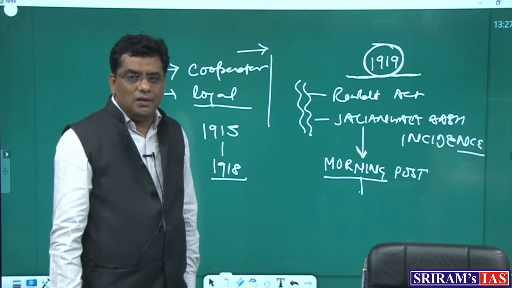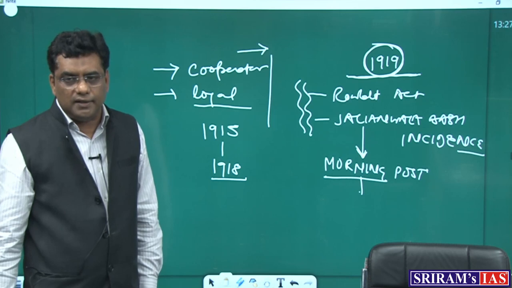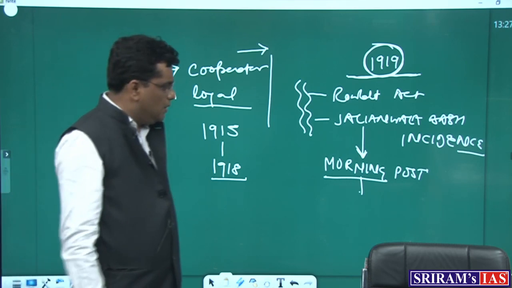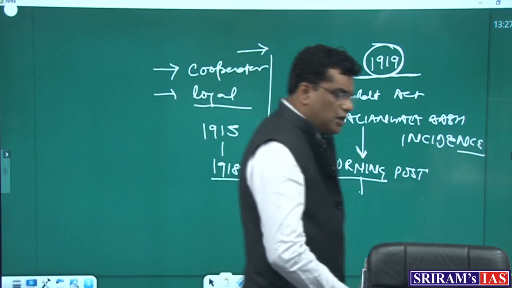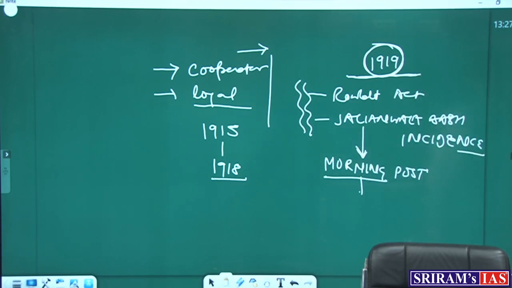So meanwhile, the report of the Hunter Committee, which was constituted to inquire into the incidents of Jallianwala Bagh, successfully acquitted General Dyer from all charges. So that fundamental approach of the British government actually led to an emotional breakdown.